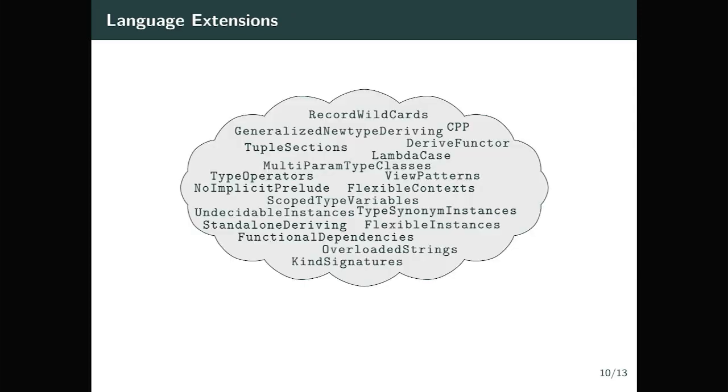Yeah, so what about other advantages? We see a bunch of language extensions here. Should be 19 actually. So one of the benefits is we can reuse many language extensions. In fact, 19 of the 30 most used extensions are supported by our plugin without much additional effort, if at all.